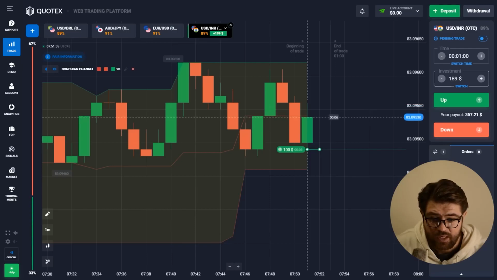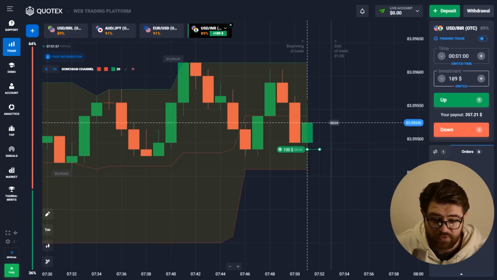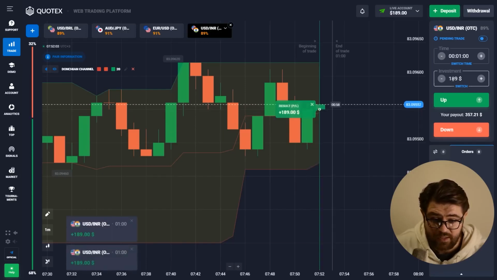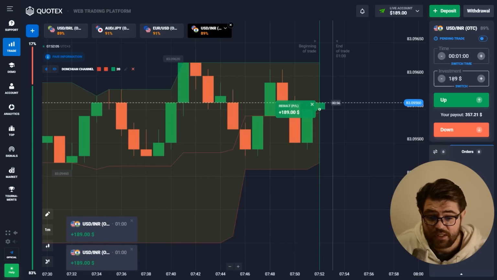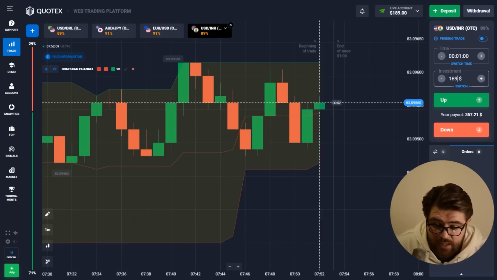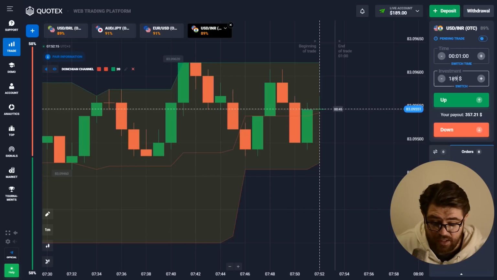So it bounced off this line, not exactly, but more or less, and here we have the first profit. It's 89% on this currency, so we just had a profit of $89.